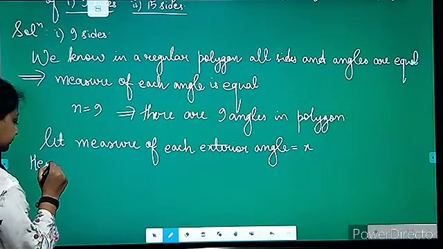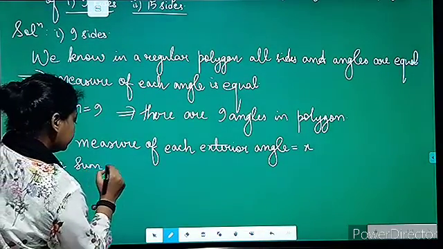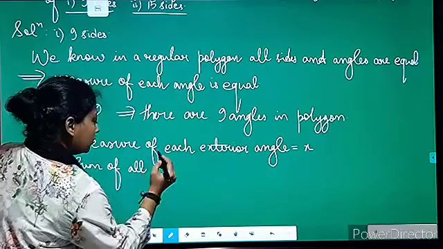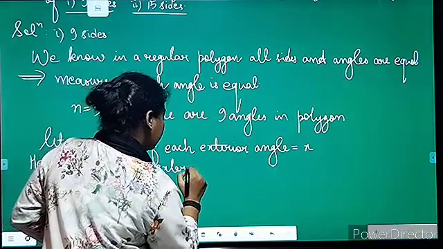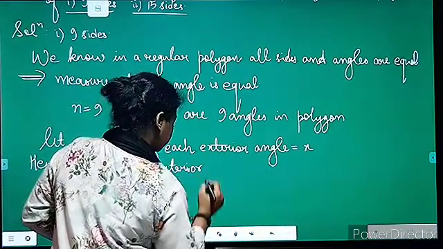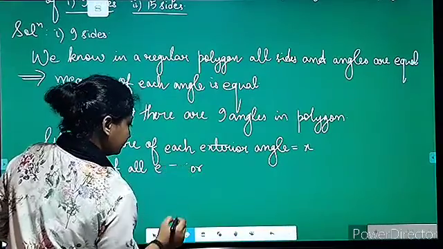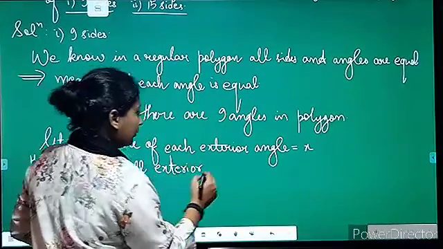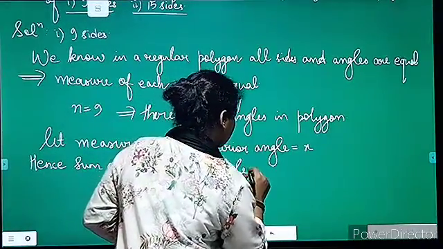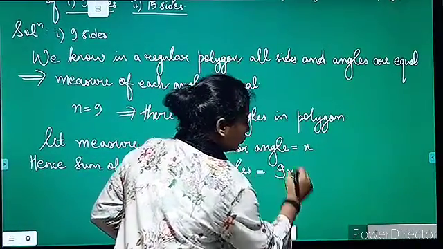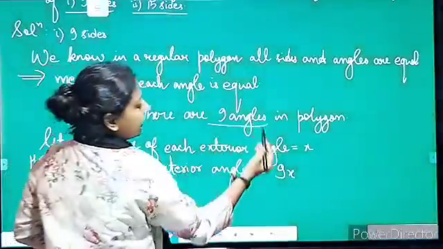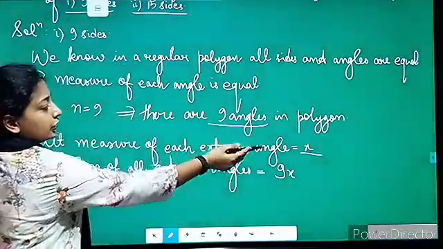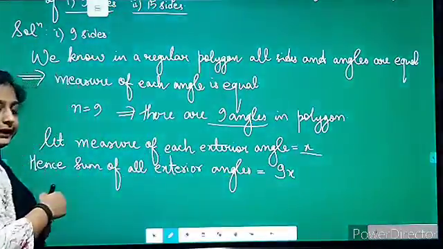Hence, the sum of all exterior angles comes out to be 9 into x. We have 9 angles and the measure of each is x. So, the total would be 9 into x, 9x.